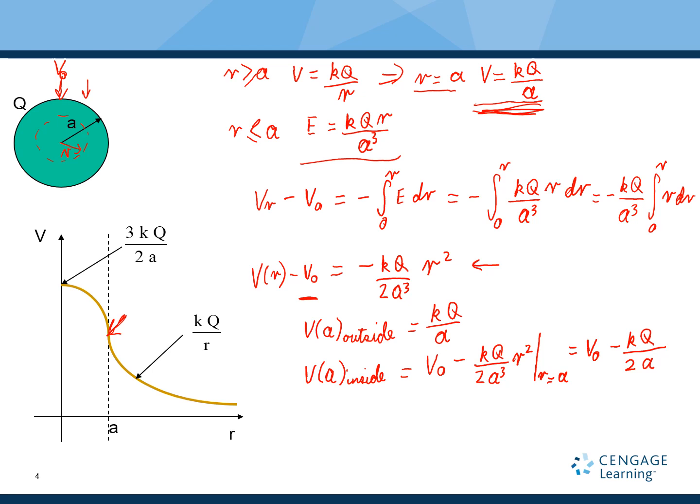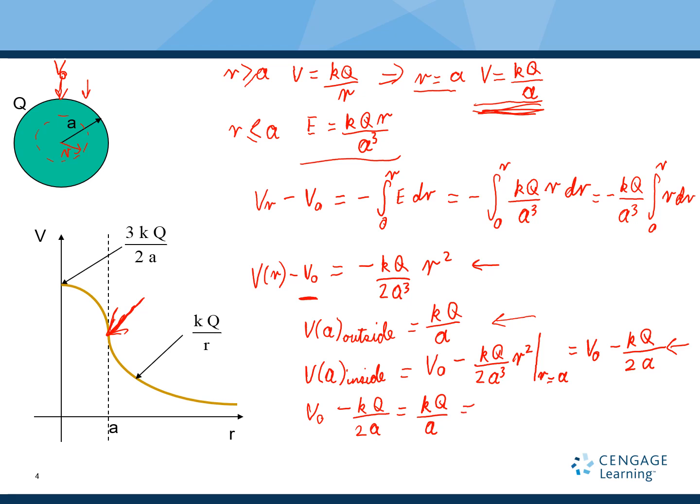If we equate the potential from the outside to the potential from the inside, we get our condition for matching the potentials at this boundary. And so we can go ahead and say that V0 minus kq divided by 2a is equal to kq divided by a.